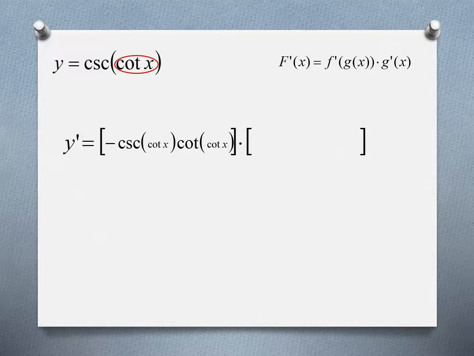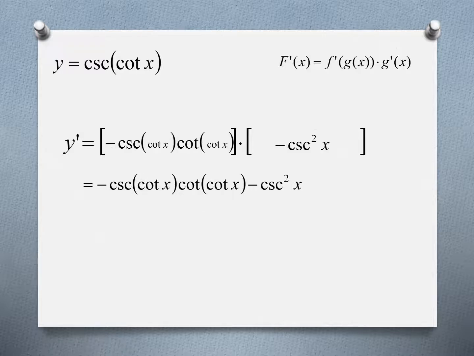And then now we need to take the derivative of what's inside that quantity of our original function. And so now we're going to take the derivative of the cotangent of x, which we find on our cheat sheet is the negative cosecant squared of x. And so once we have actually plugged in these values and organized this thing as we should, we can simplify.